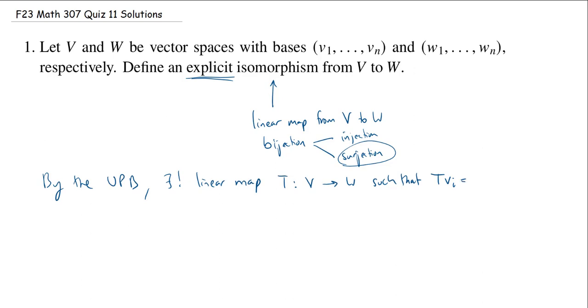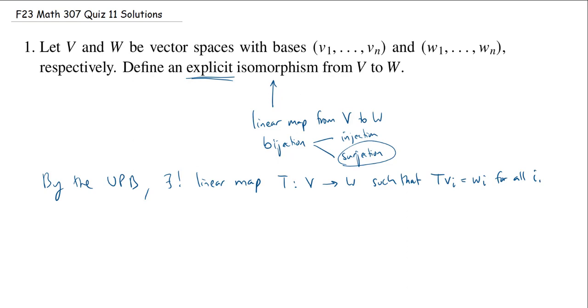And the most obvious thing to do is just send it to the ith basis vector of W, namely Wi, for all i. So the universal property of a basis stops right there. You tell it what it does to a basis, you know there is a linear map, and it's unique. Boom, we win.